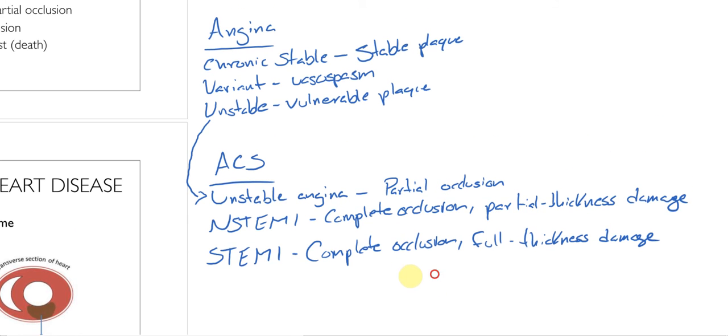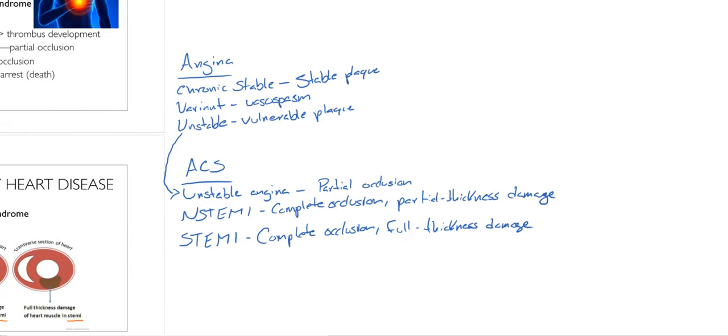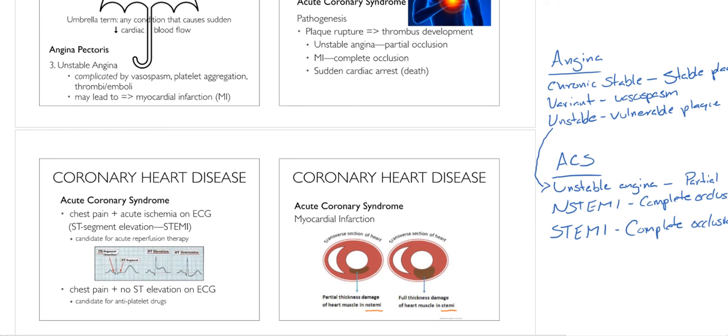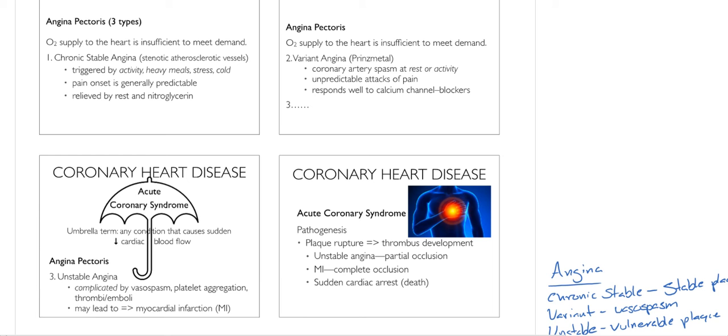So that's the difference, or sort of the way that I remembered angina versus ACS and saw how they all played in together. I'm just going to make sure real quick that I didn't miss anything regarding that. I don't think I did.